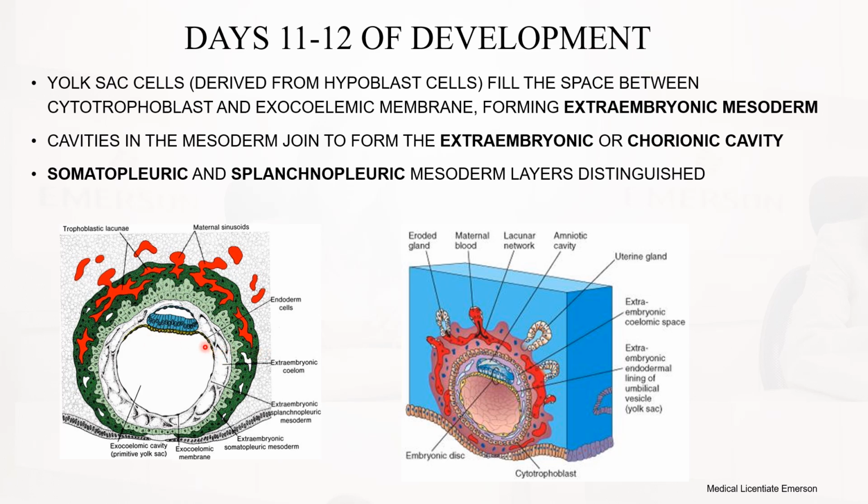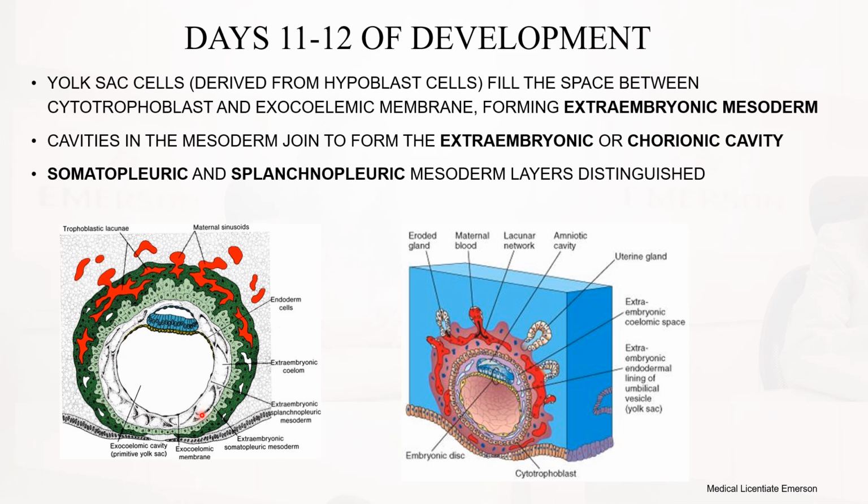After they fill in that space, they form a membrane, or an area, which we call the extraembryonic mesoderm. Now, there are actually cavities in the mesoderm itself, and they join to form the extraembryonic or the chorionic cavity.